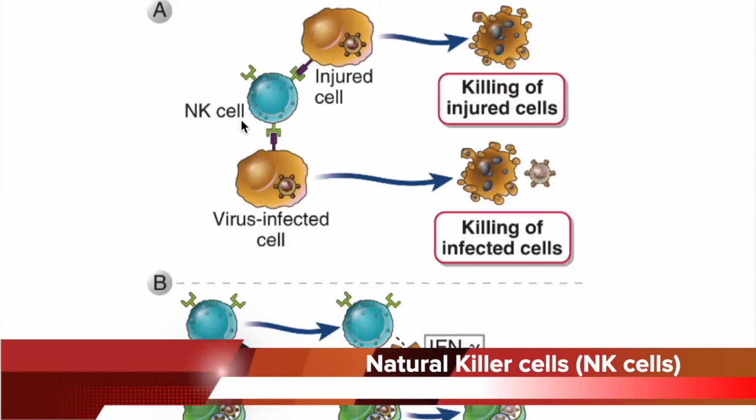So one example is the natural killer cells. Natural killer cells are very similar to the CD8 T cells, but they don't have the T cell receptor. They have similar morphology and they will also attack infected cells or even cancer cells, by secreting their poisons like granzyme B and perforin, so these enzymes that can destroy the cell membrane of an infected cell or of a cancer cell.